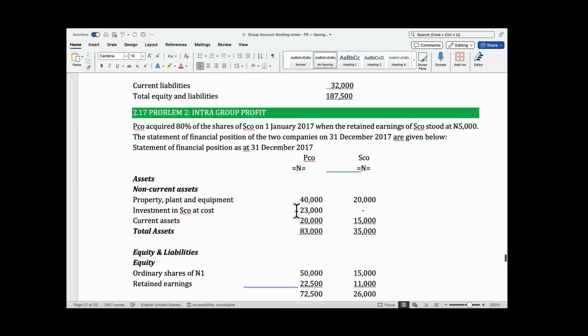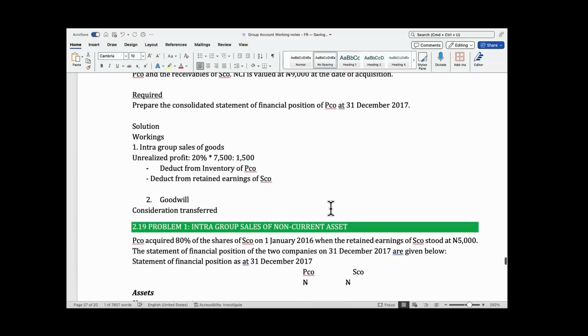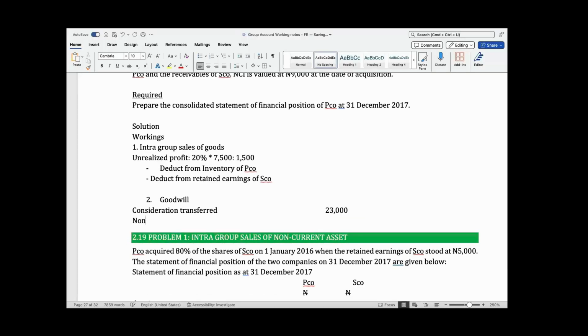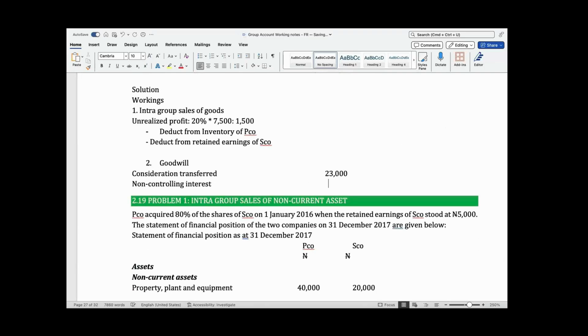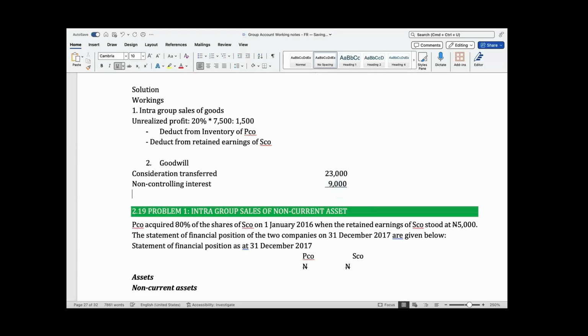How much did the parent pay? 23,000. How's NCI measured? Fair value. How much did they give us as NCI? 9,000. So the addition gives me what? That's 32,000.